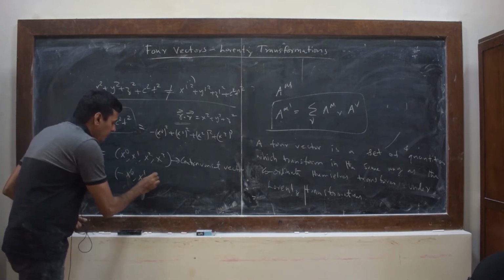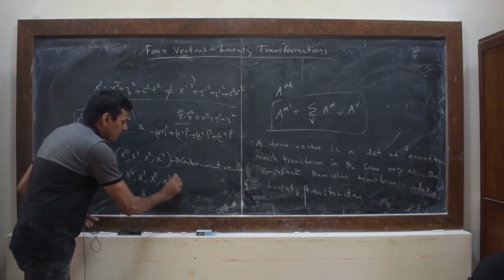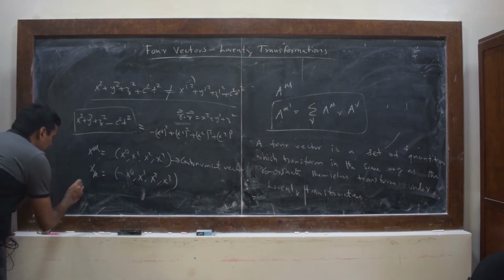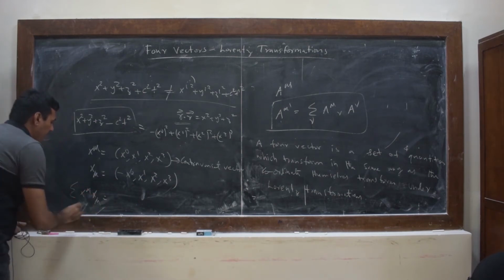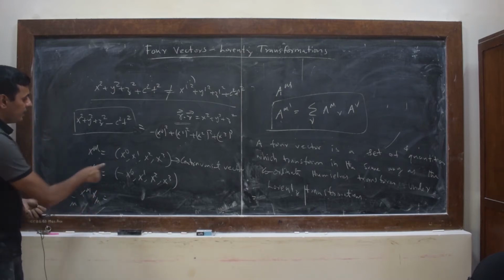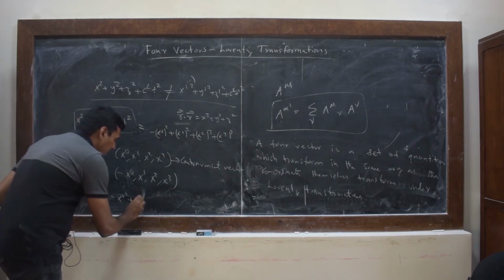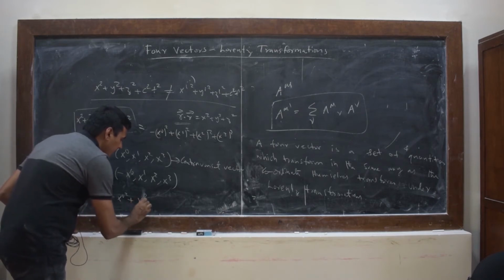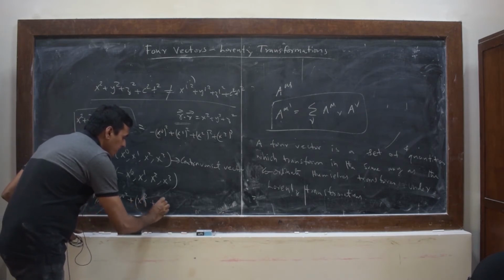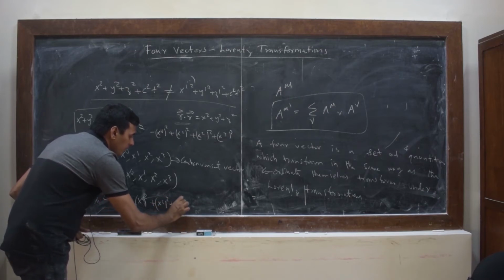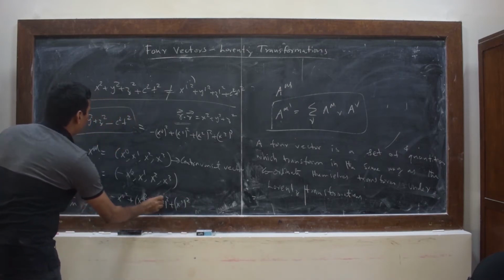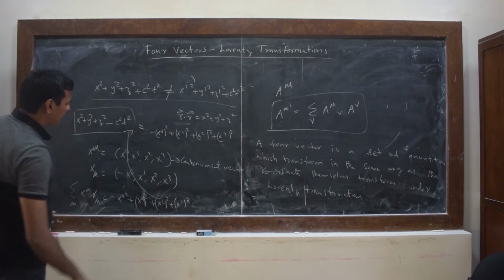Now I take x upper mu, x lower mu, summed over mu. What I get is minus x0 square plus x1 square plus x2 square plus x3 square. This is exactly equal to this quantity, right?